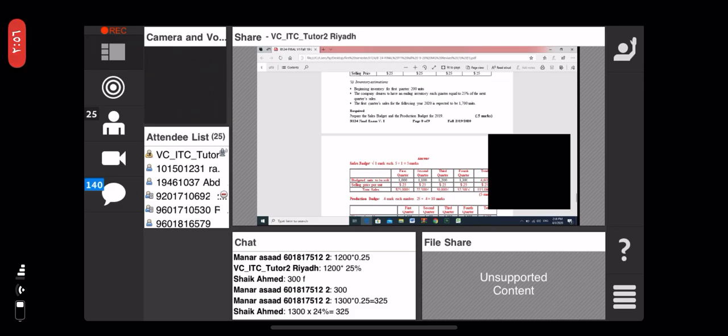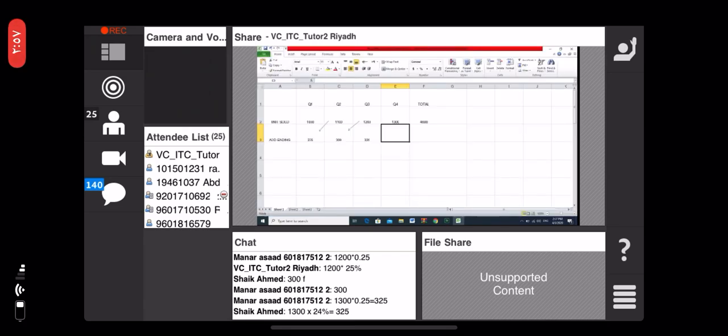Now which year are we working in? 2019. And 1,700 is the units to be sold in the first quarter of 2020.